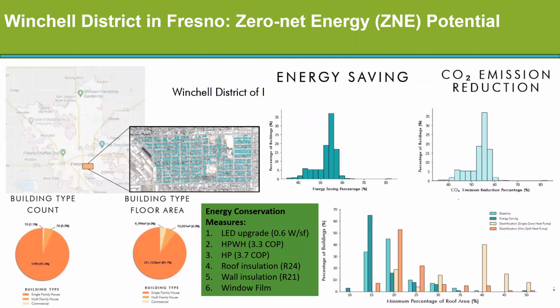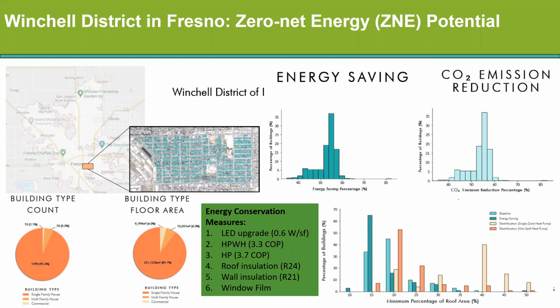Two examples I'm going to give you show how CityBES can be used. First one is about evaluation of the energy saving potential of building stock. We look at the Wind Chill district in Fresno, which is a disadvantaged community. This district has about 1,300 residential buildings. Particularly, we're interested in looking at how the listed 6 technologies performed.